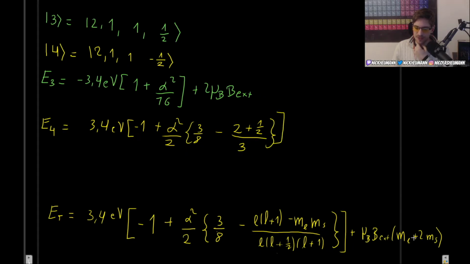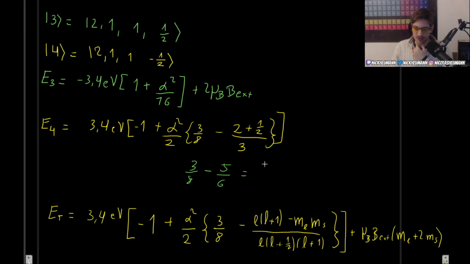And this part right here, what is it? So we get 1 here and then plus 2 times minus 1/2. So this is minus 1. So we get 1 minus 1. So the Zeeman part is going to be 0 for this. Okay. Then we need to just add this up. So 3 over 8 minus, so this is 5 over 2. So this is actually 5 over 6.